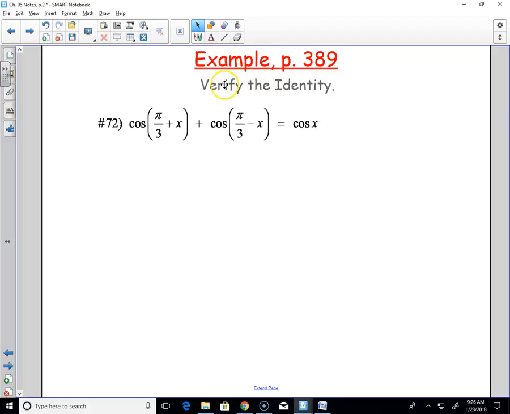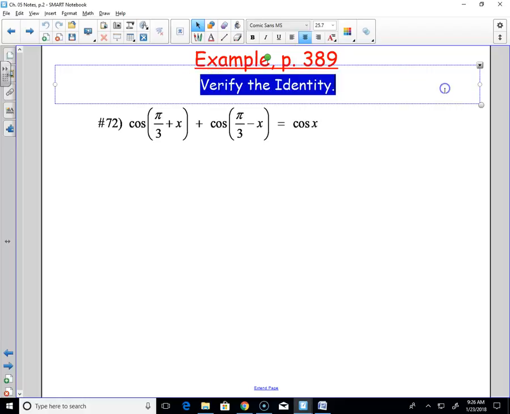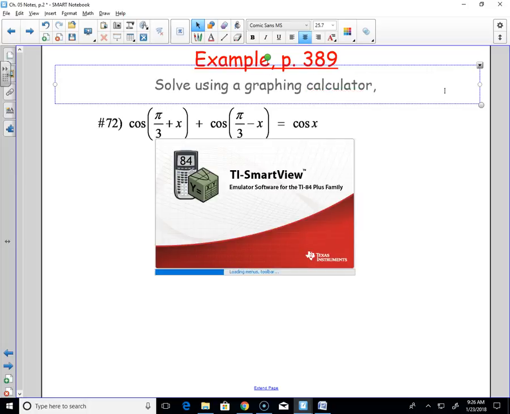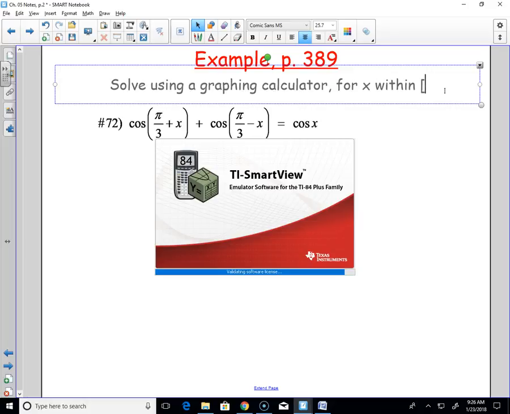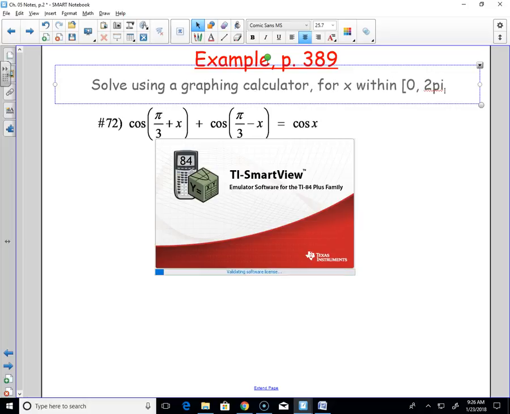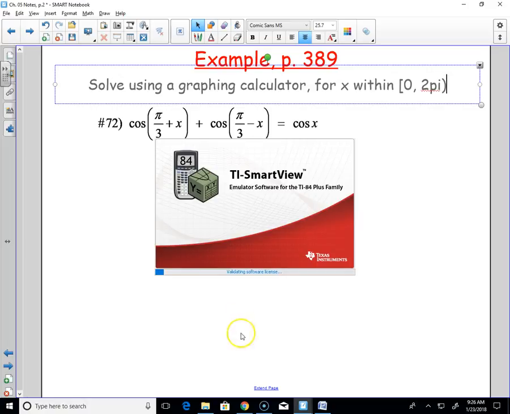Let's say, find the zeros, or I should say solve, using a graphing calculator, for x within 0 to 2 pi. You know what I mean when I say pi, right? Yes. Okay, good.